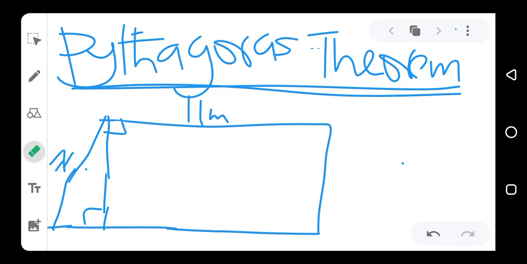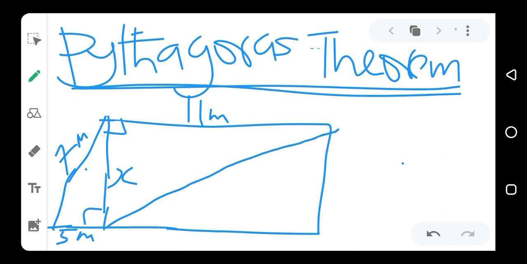Here we have 7 meter. Here we have 5 meter. Here we have x, and here we have y. So we are asked to determine x and y.